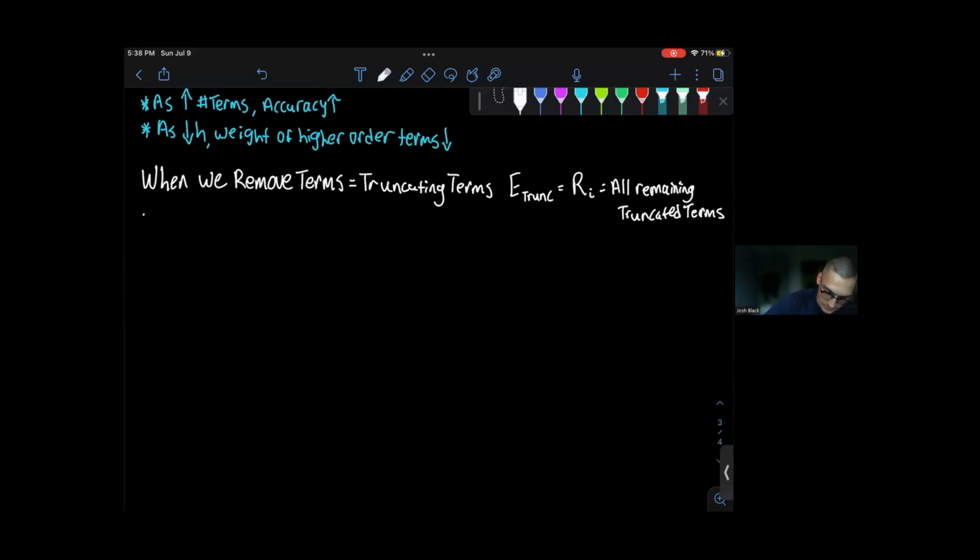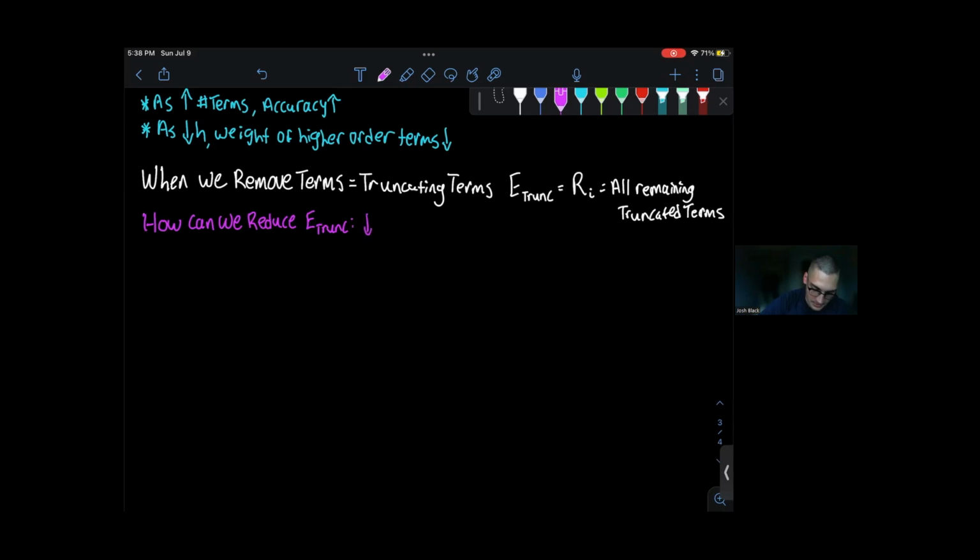Now, the question arises, how can we reduce truncation errors? Well, we mentioned before, if we have a smaller step size, the smaller the weight of higher order terms. Meaning, if we make our step size smaller, when we truncate higher order terms, we're decreasing the accuracy less and less.